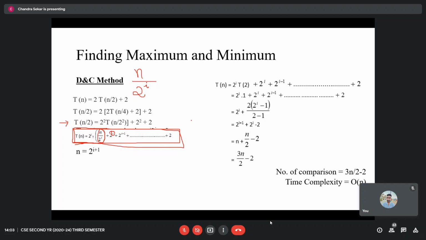This will terminate when there are two elements left over. So it terminates when the number of elements left over is 1 or 2, and we take 2 here. Therefore n is equal to 2 power i into 2.